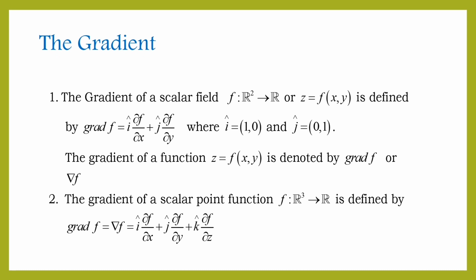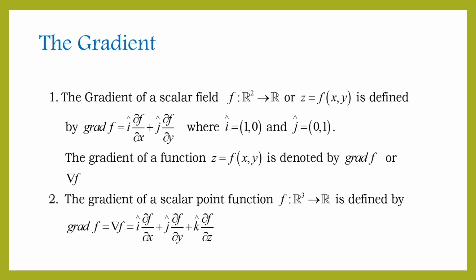Here i cap is a unit vector (1, 0) and j cap is the unit vector in the y direction (0, 1). Here del f or grad f is the symbol used to denote the gradient of this function f of x, y.